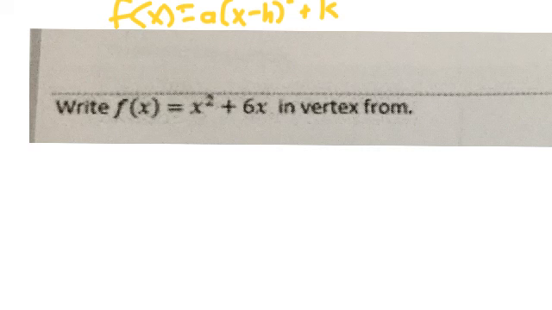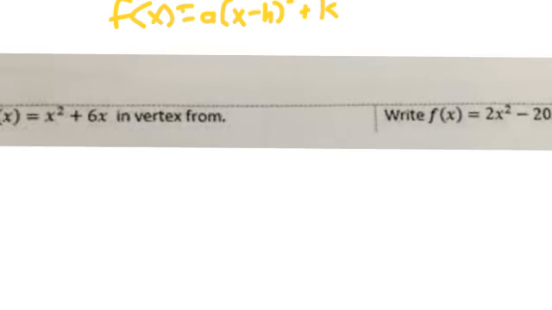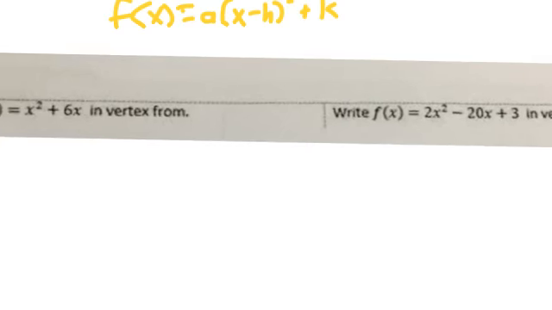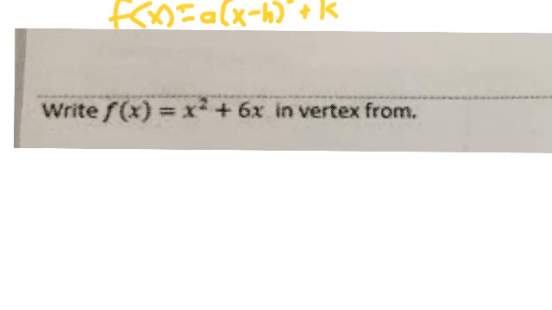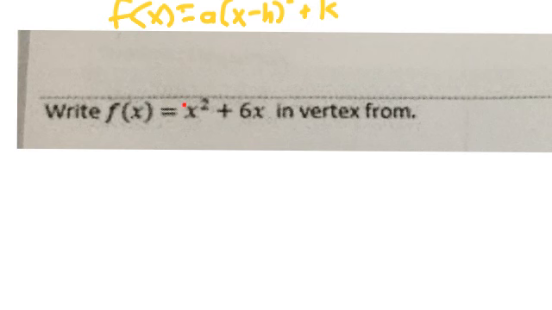Okay, so here's the way we complete the square. To complete the square, we want the leading coefficient to be 1. In this case, it already is a 1, so I'm good. There's nothing I need to do.